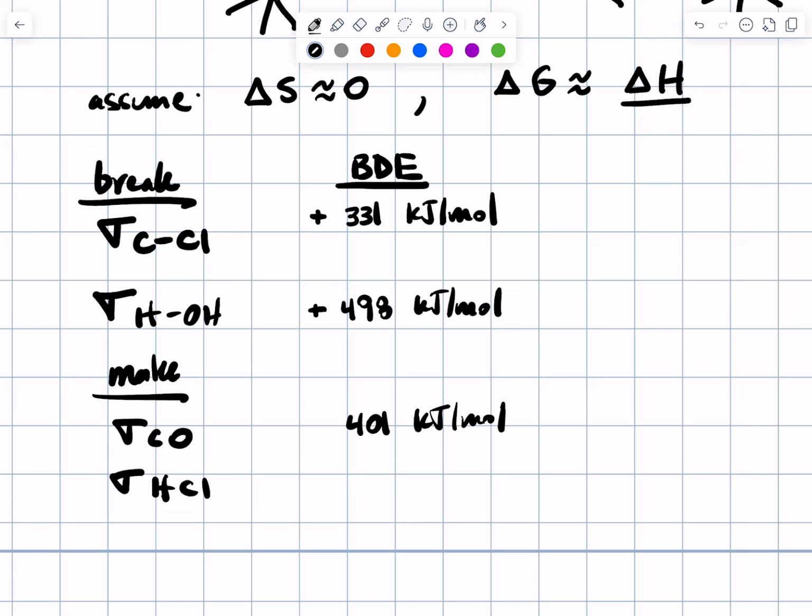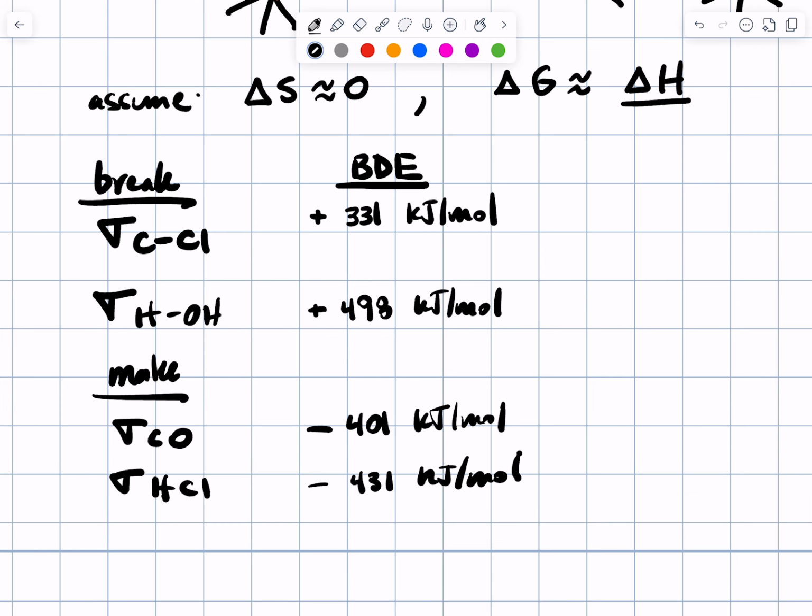So you're going to look in the table for bond dissociation enthalpy, and the number's going to be positive, but when you're using it to predict a reaction, you turn it into a negative number if it's a bond you're making. Does that confuse anybody, or are we okay with that? When you make a bond, flip the bond dissociation enthalpy to be negative, okay? So there we go, and for HCl, that bond is 431 kilojoules per mole. All right.